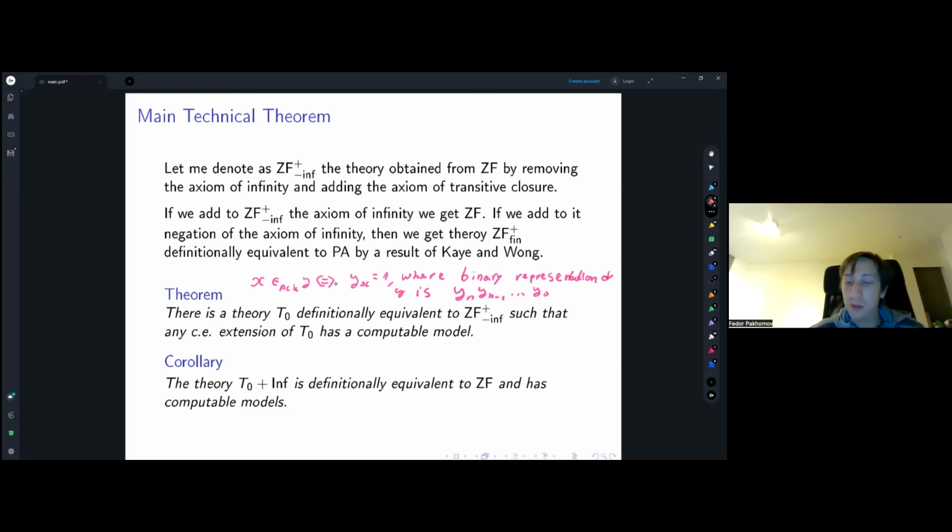This is an open problem. And probably the same could be done with delta 2 models replaced with delta n plus 1 models. Okay, that's basically it.